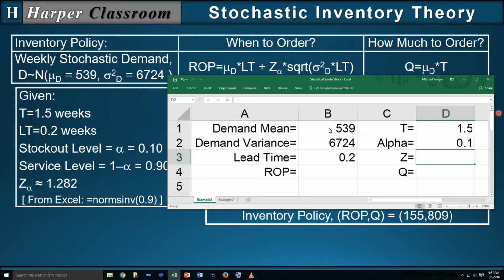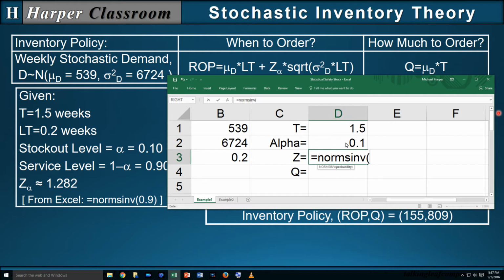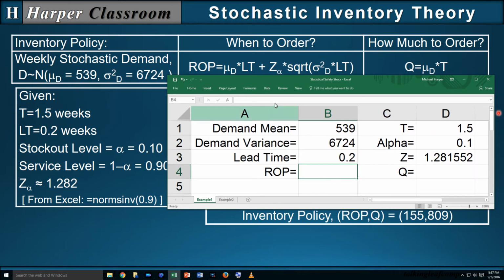Now our Z value is equal to the normal distribution, standard, inverse. And since our alpha, which is our stockout level, is 0.1, 1 minus alpha will be our service level, and that's approximately 1.282.